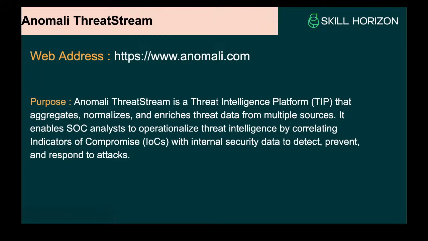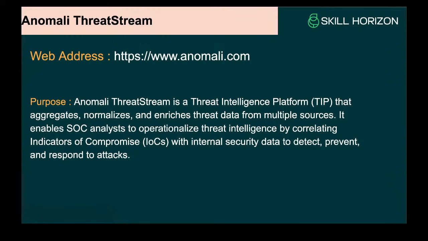The web address of this threat intelligence platform is shown here, and the application name is mentioned, so you can open it in your browser. The purpose of this platform is to aggregate, normalize, and enrich threat data from multiple sources.